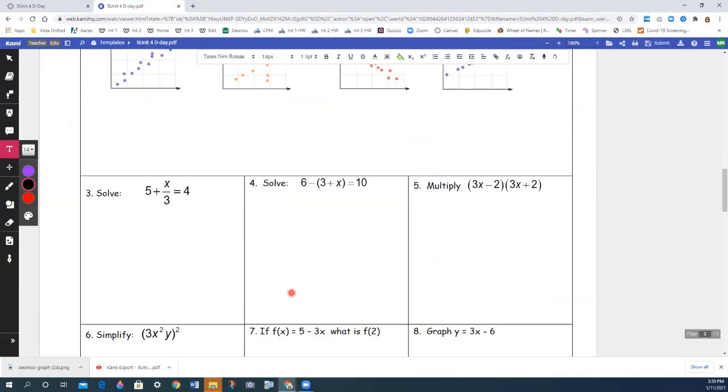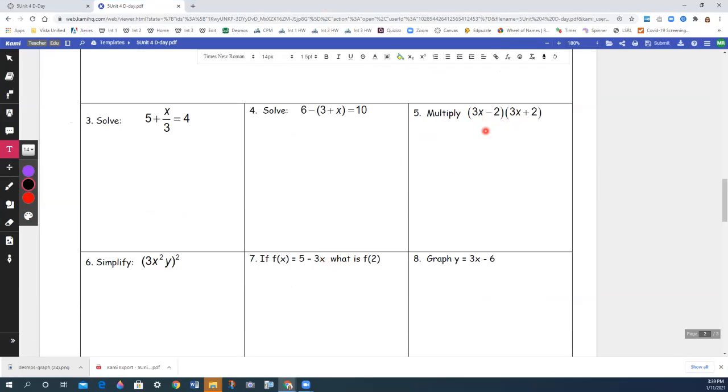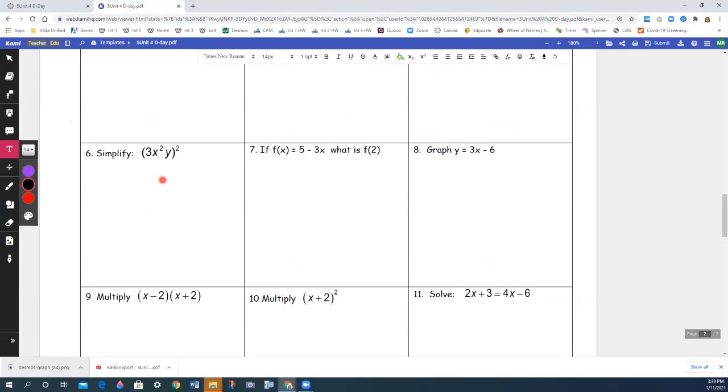This is solving equation review. Multiplying using the box area model, laws of exponents, substituting in 2, this is f of 2, function notation, putting 2 in for x and solving, graphing this. If you want, you can graph this on a separate sheet of paper and put it in. I don't want you to be graphing on Desmos, I want you to graph it.